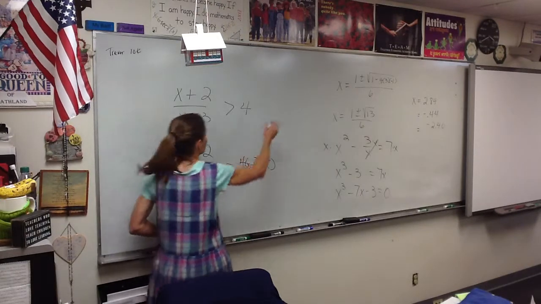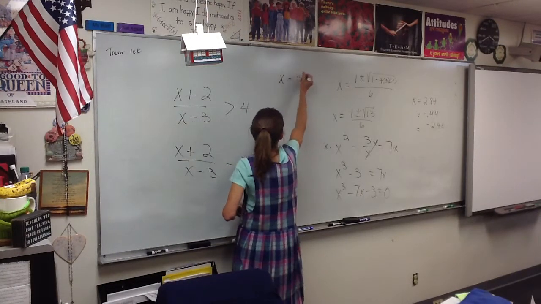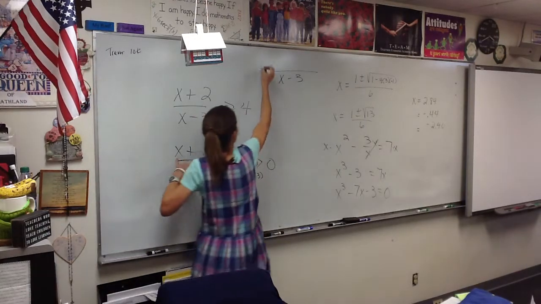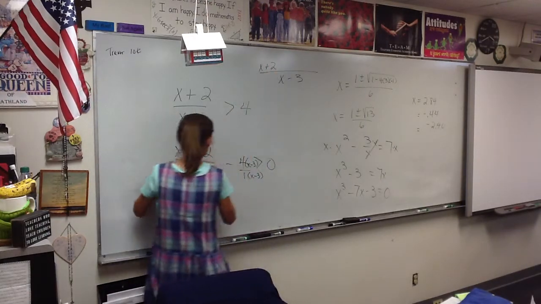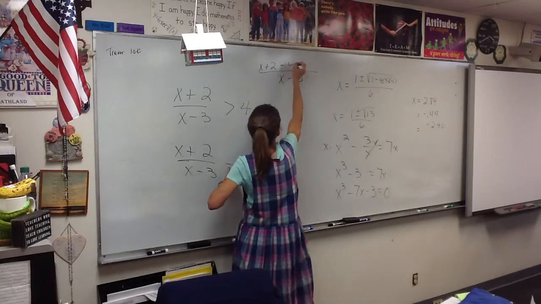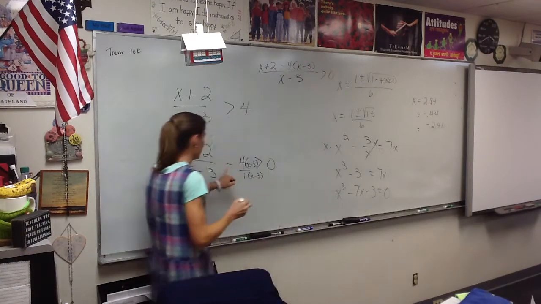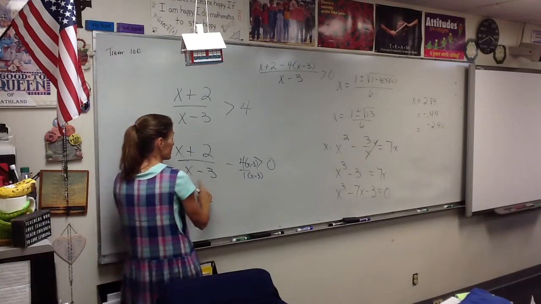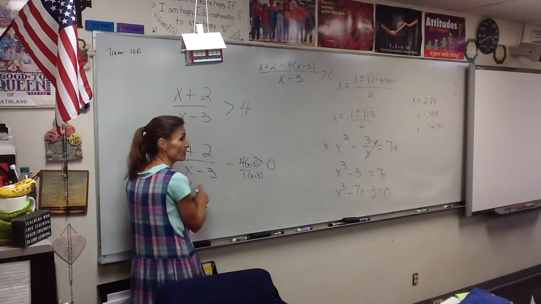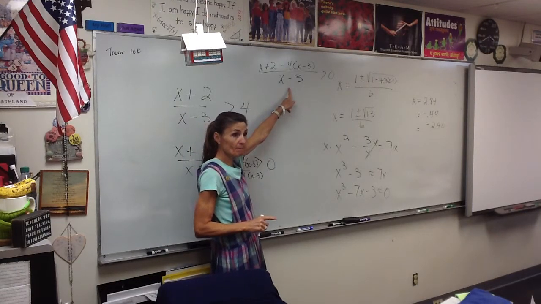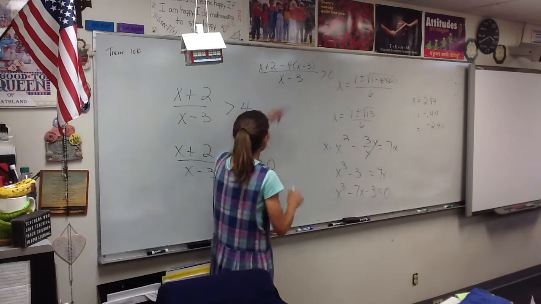So I will write x minus 3 on the bottom, that's my denominator, and on the top I have x plus 2 minus 4 times x minus 3. So the two fractions, because they have the same denominator, are now one big giant fraction. Would you agree with me? Yeah. All right, so let's clean that up there.